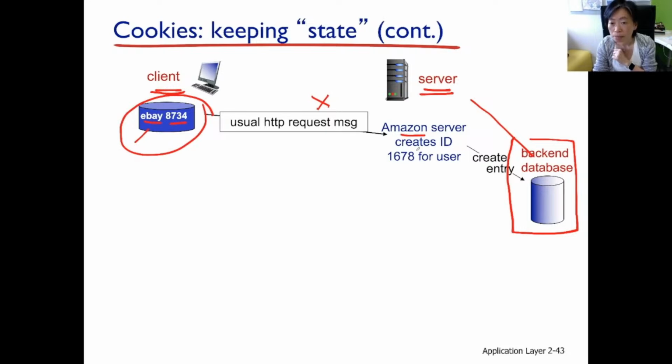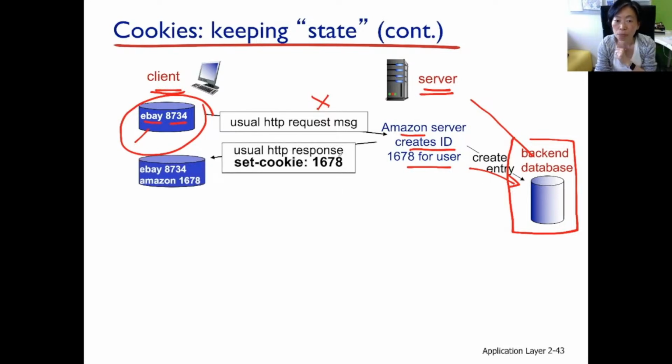But in the meantime, it will be creating an ID for this particular user and adding that to the database. And in the response, it carries the web object that you're looking for, but it also carries the special header line, the set cookie line. Okay? And hey, see the ID created is carried over through the HTTP response message back to the user.